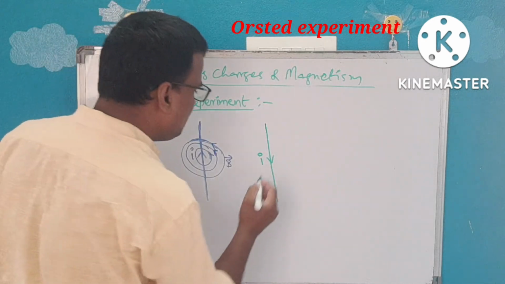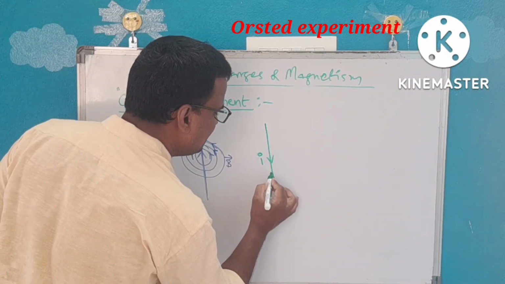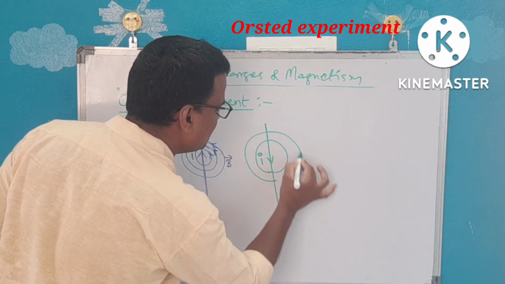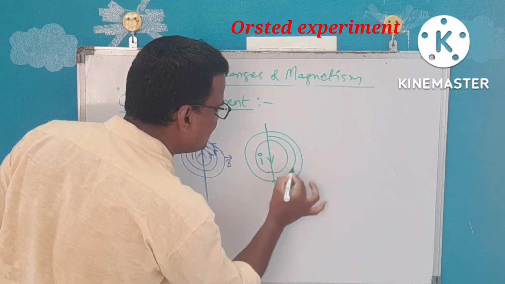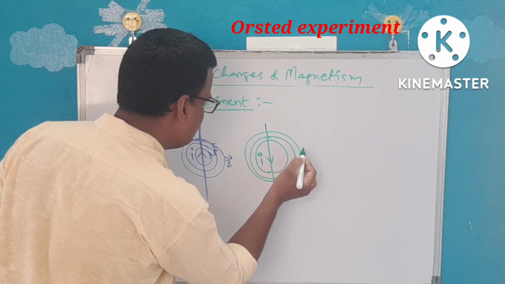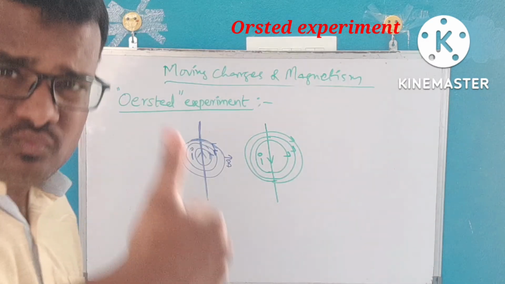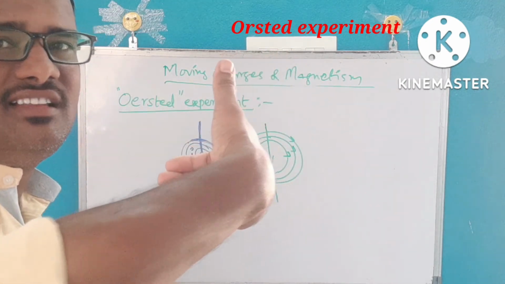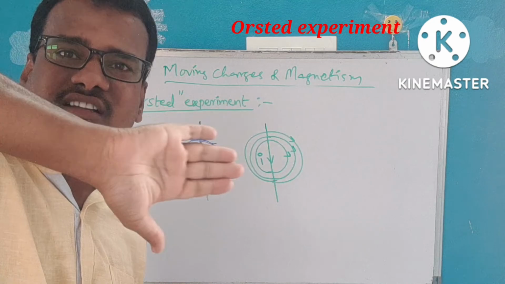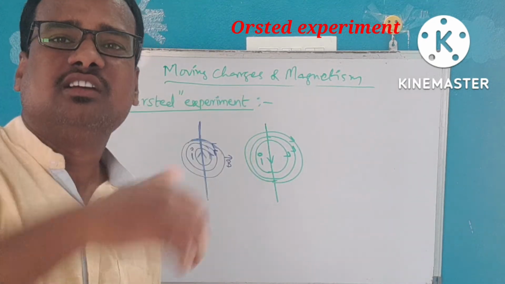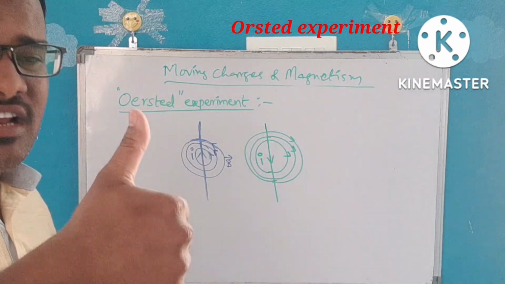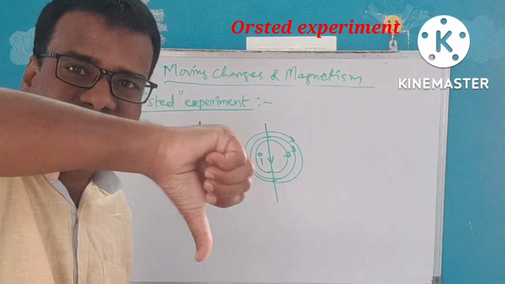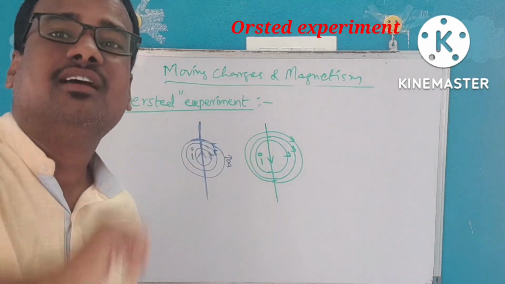If the current is in one direction, the magnetic field is anti-clockwise. If the current is in the opposite direction, the magnetic field is clockwise.